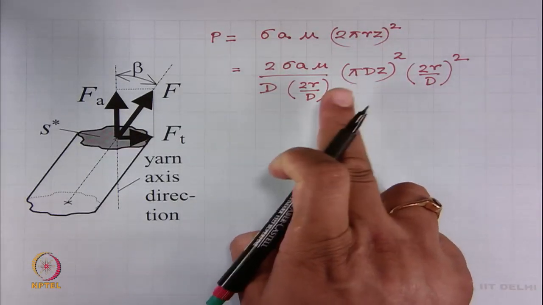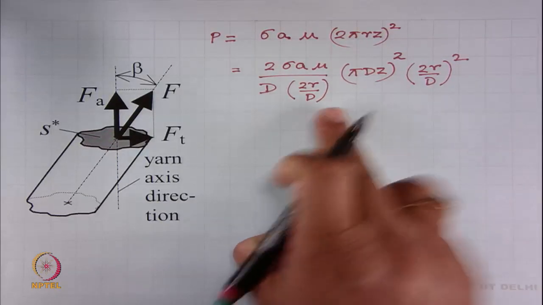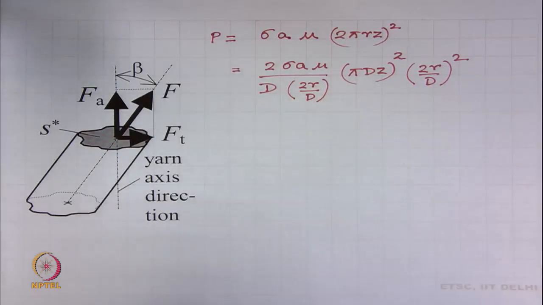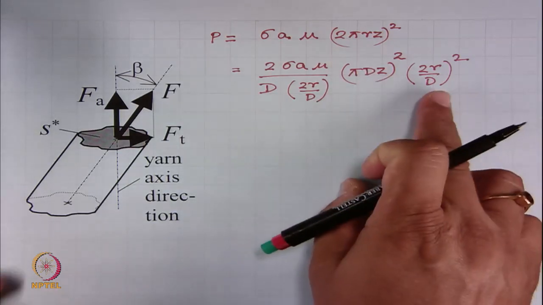Two sigma a u into d by 2 r by d pi d z square 2 r by d square. So, what do we see here?